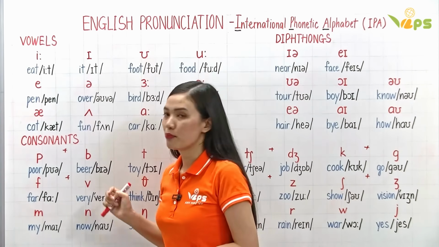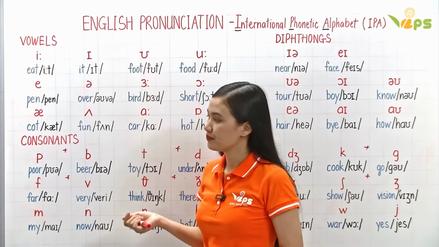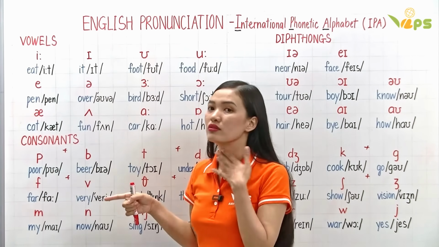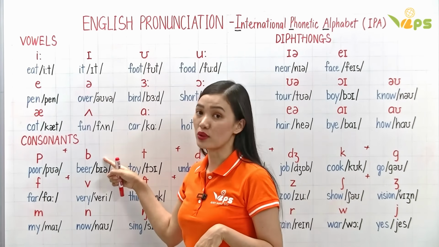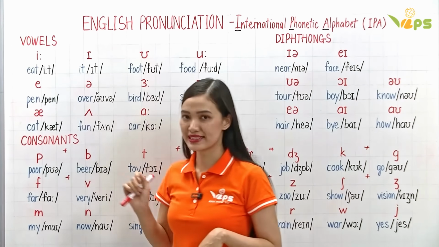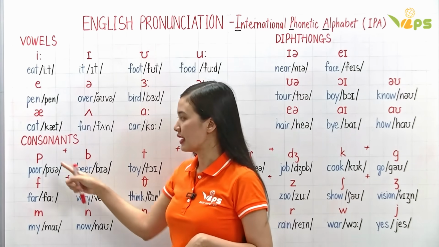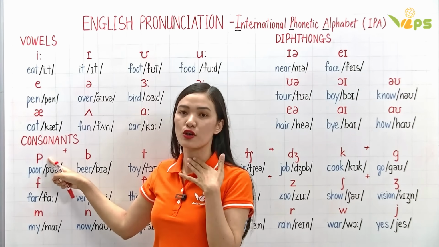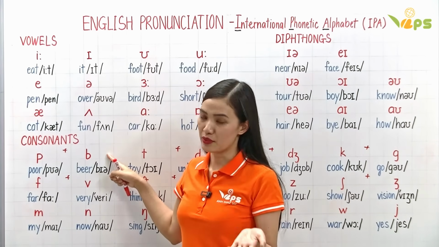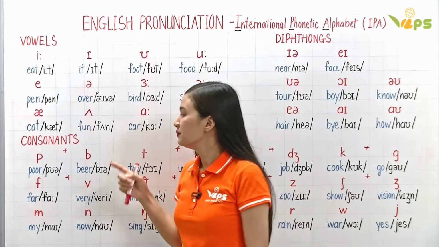Because for each couple, the way they are pronounced is the same. The difference is unvoiced, no vibration, and voiced, with vibration. Now, for the first couple, P, B, okay? This one, P, no vibration, unvoiced, and this one with vibration, voiced, B.